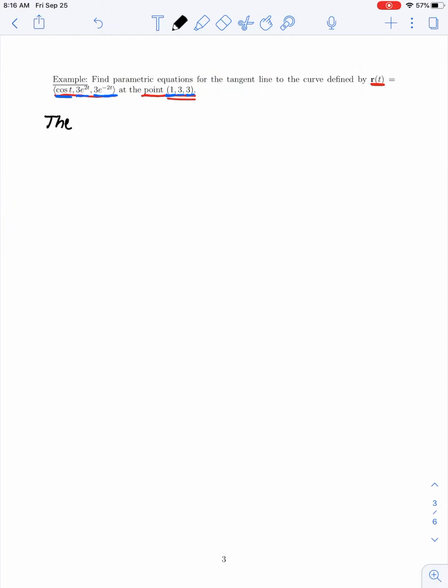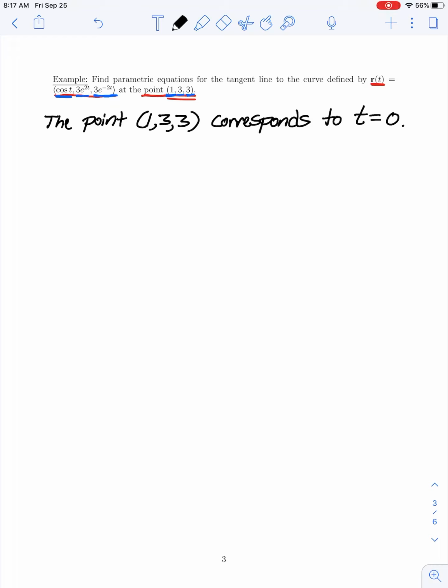So let me start by saying the point that we're interested in on our space curve, 1, 3, 3, corresponds to a value of t equals 0. Now, if I want the equation of a line in space, I need 2 things. I need a point on the line, which we're given here.